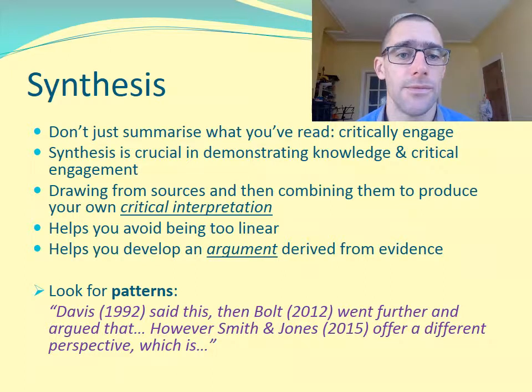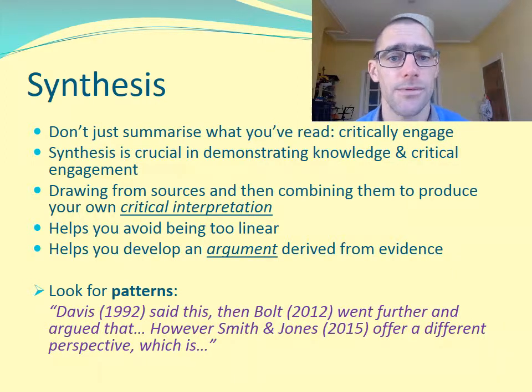And as we've already seen, that has a major advantage in helping you avoid being too linear and therefore boring, but also helps you to develop an argument for your own approach based on that substantial body of evidence that you've been looking at. So, a good way to develop a synthesis is to look for patterns in the literature.